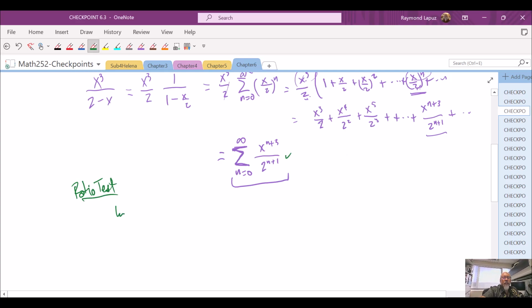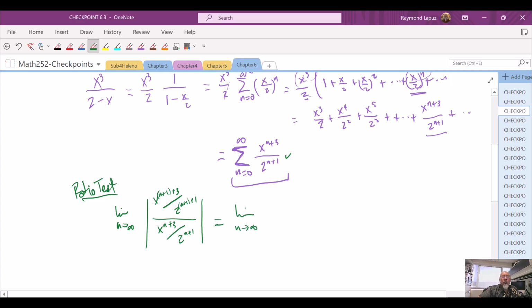So we are going to take the limit as n approaches infinity of the n plus first term. So this is x to the n plus 1 plus 3 divided by 2 to the n plus 1 plus 1, all over x to the n plus 3 divided by 2 to the n plus 1, all under an absolute value.